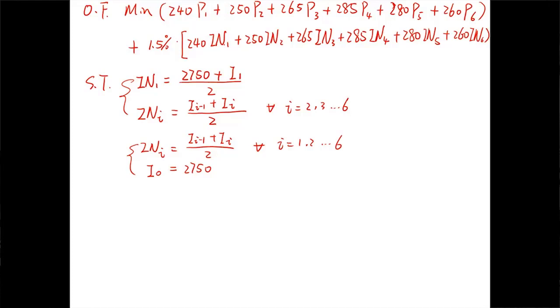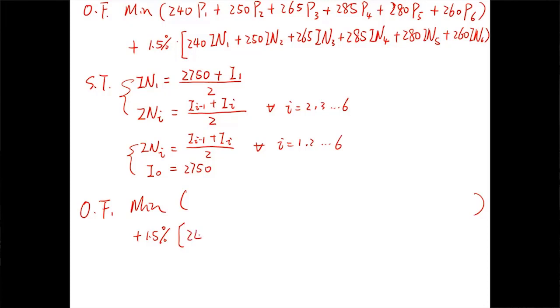Okay, or the other way to write this entire thing would be, of course, we'll have other constraints. The other way would be to minimize. So the first parenthesis, I'm not going to write it. That's the production part, plus 1.5%.